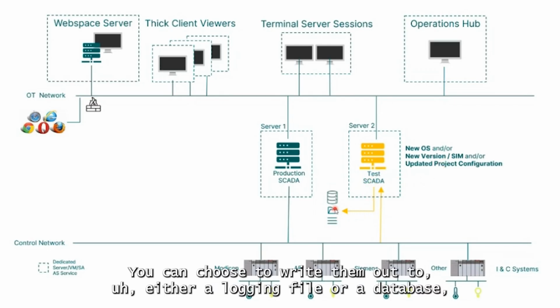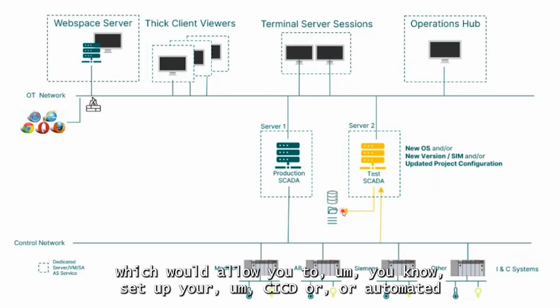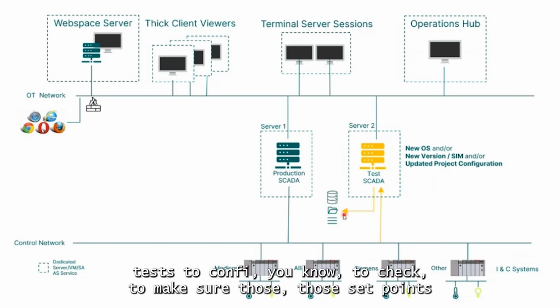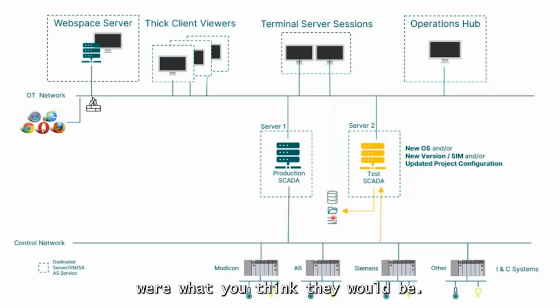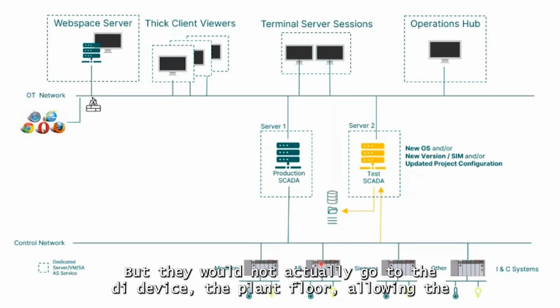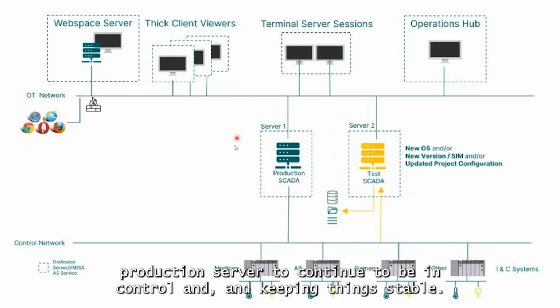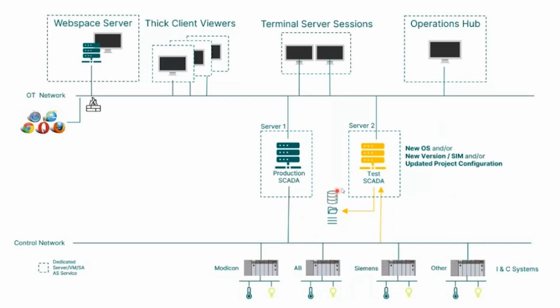You can choose to write them out to either a logging file or a database, which would allow you to set up your CI/CD or automated tests to check to make sure those set points were what you think they would be, but they would not actually go to the plant floor, allowing the production server to continue to be in control and keeping things stable.